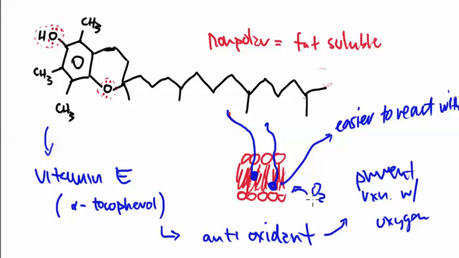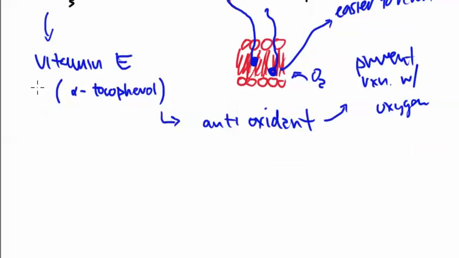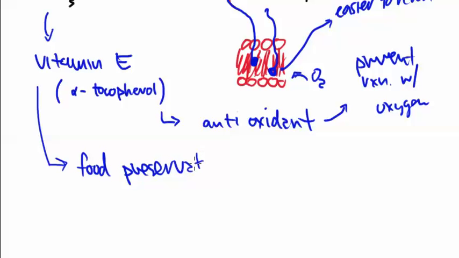Not only that, but if you take a look at vitamin E, or some of the other vitamins but vitamin E mainly, you're also going to see them added into food products as a preservative. So don't be surprised if you see vitamin E in the ingredient list for a food product. It helps slow down this aging process. It helps slow down the reaction with the oxygen, and because of that, it is classified as a preservative.